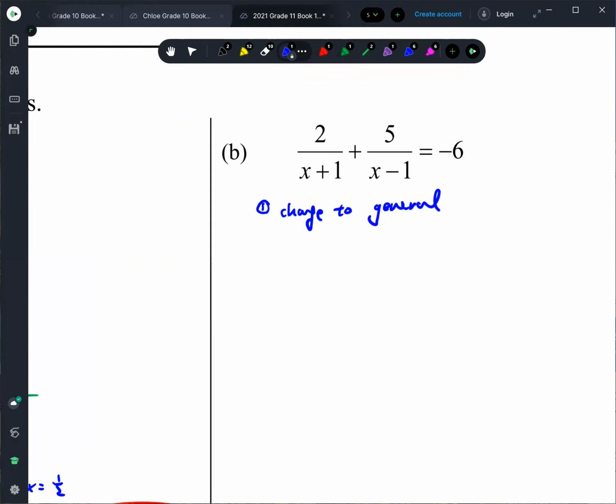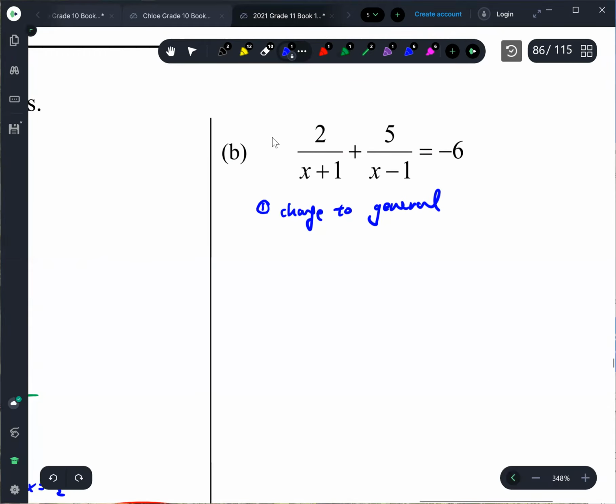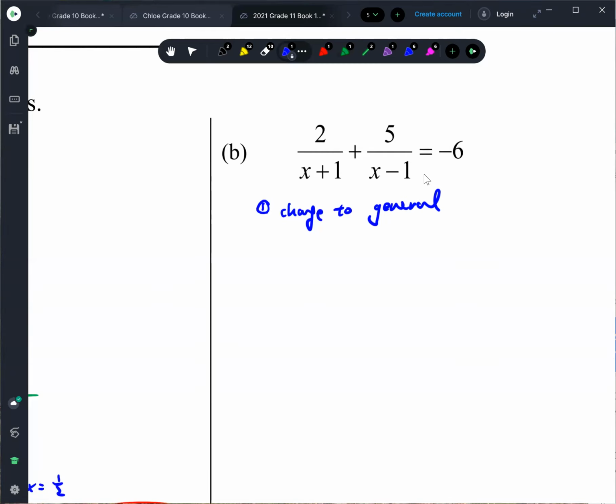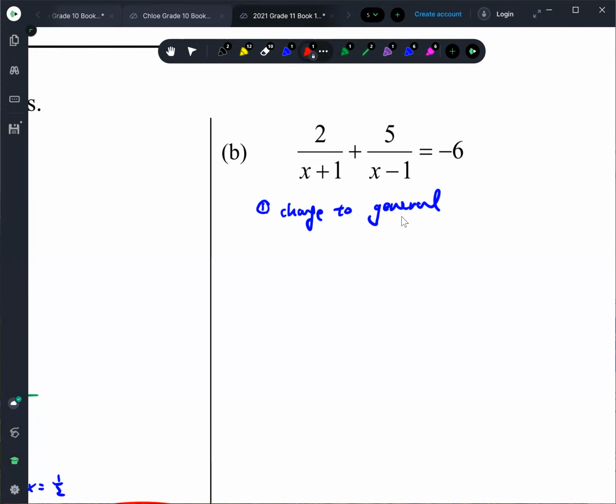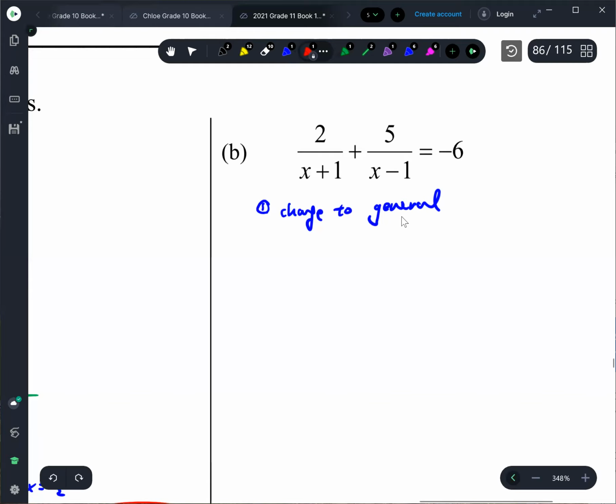So can anyone give us a hint, like what to do to turn it into general form? What should we do? Anyone has a suggestion? Yeah. You get rid of the denominators. And how can we do that?